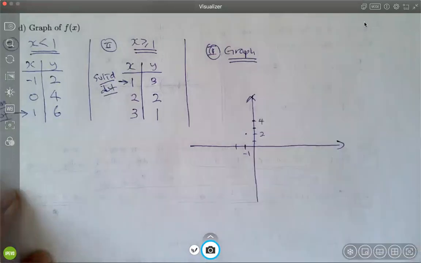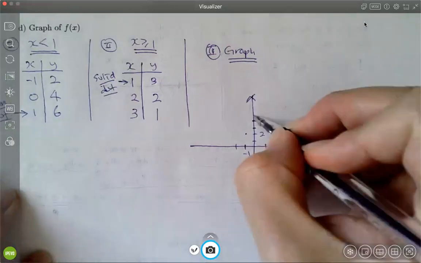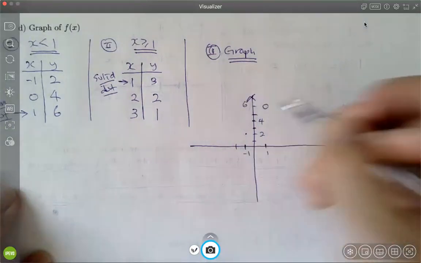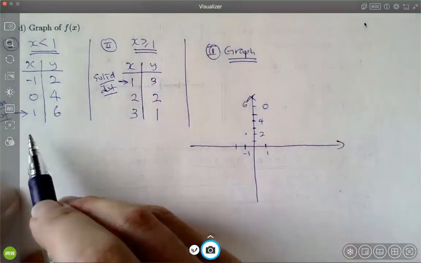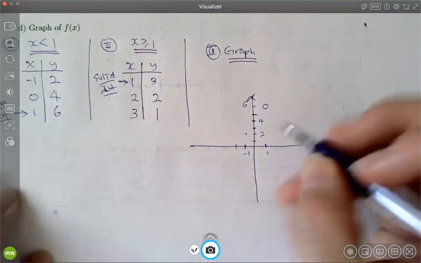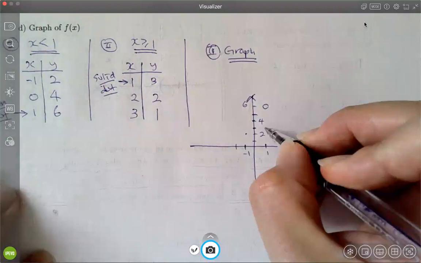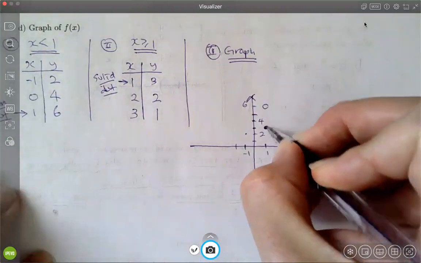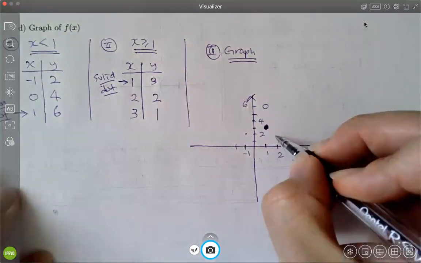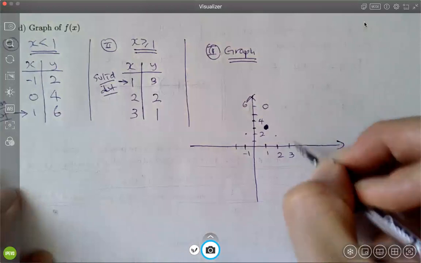And then 1, 6 will be somewhere here, but remember that's an open dot. Okay, and then 1, 3. So 1, 3 is here, and that is a closed circle. And 2, 2. Okay, so that's here, and 3, 1, that's here.